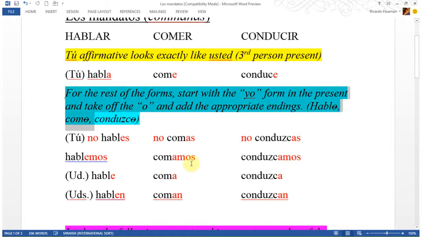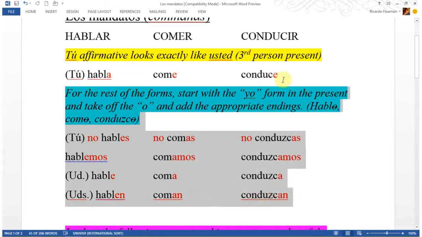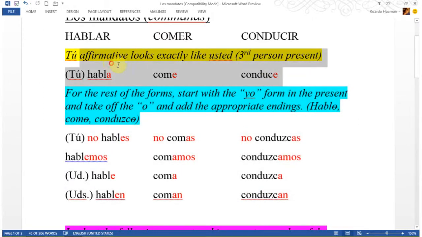So how do we get there again? For these down here, not for the outliers, from here on down, you start with yo, take off the o, and add the appropriate endings. You need to memorize the endings for AR verbs, and then for ER, IR, the endings are going to be the same. See that? As, as, amos, amos, an.